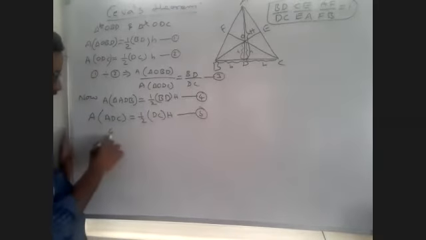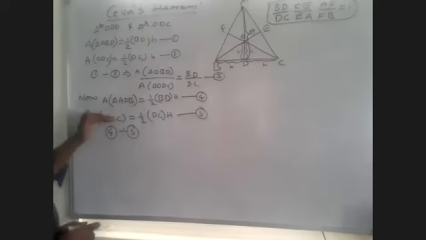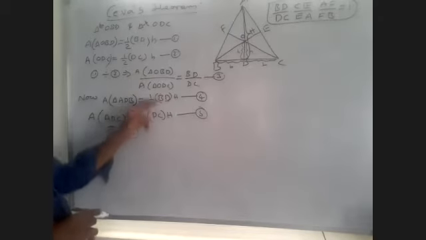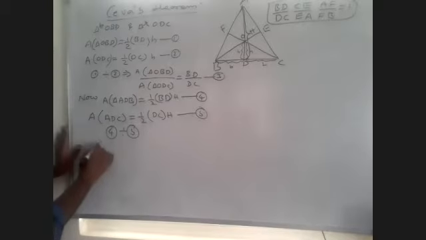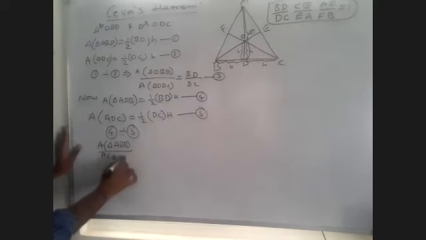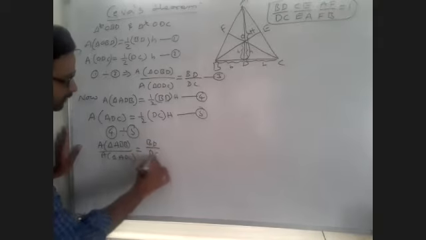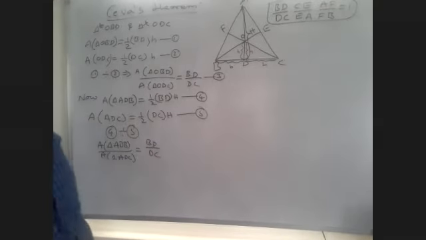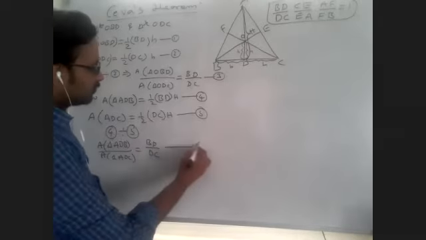Again same, 4 divided by 5. Then this area by this area is equal to, H and H cancel, BD by DC. Same like this you will get. That is area of triangle ADB by area of triangle ADC is equal to BD by DC. Okay. Now see, this is equation number 6.